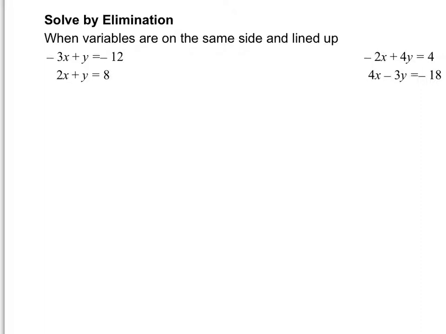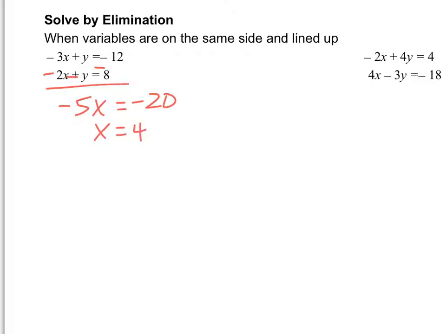They are the same. They're both 1. So that means all I need to do is change the signs in one equation. So I'm going to do the bottom one. Minus, minus, minus. So -3x minus 2x would be -5x equals -12 minus 8 is -20. So x equals 4.